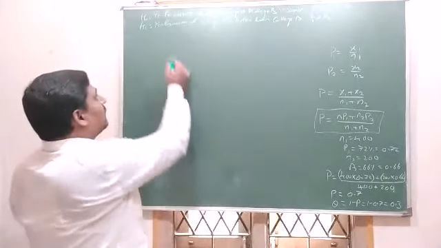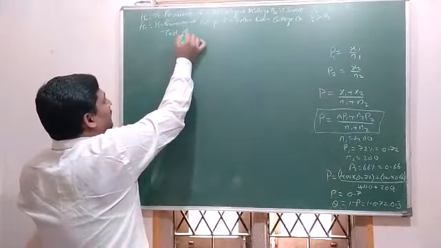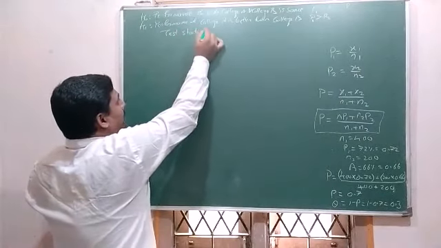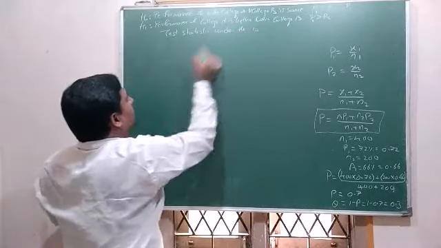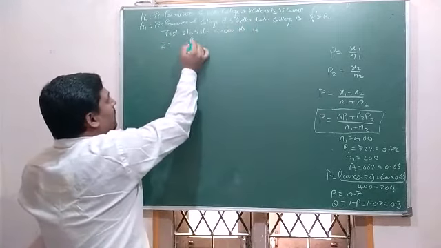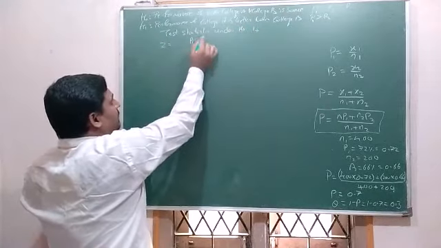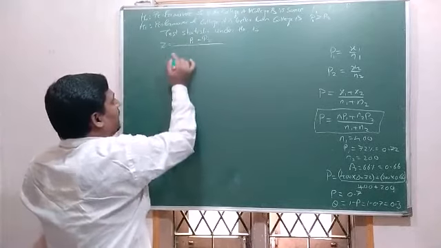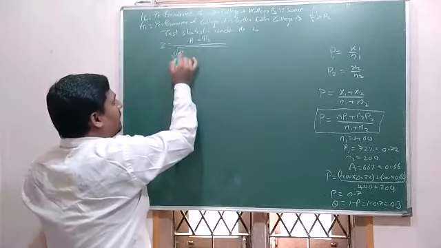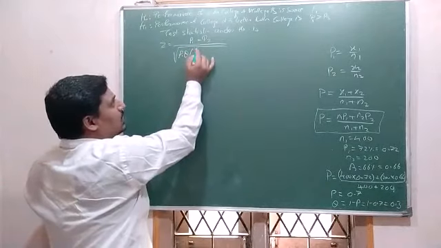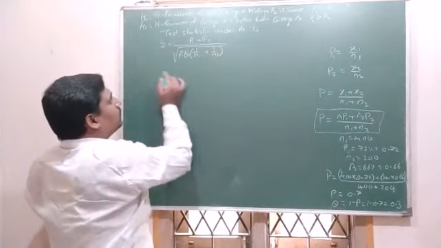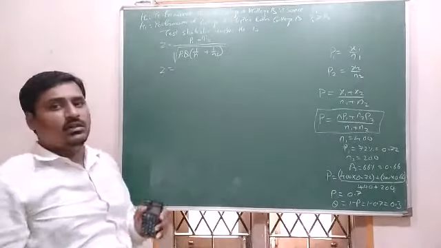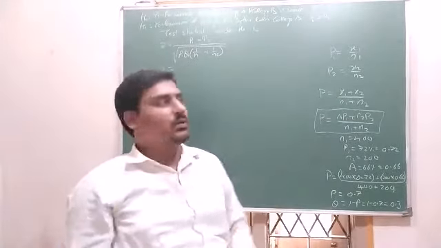Now the test statistic under H naught is Z is equal to P1 minus P2 divided by root of P into Q into bracket 1 divided by N1 plus 1 divided by N2. So fill the values in the formula.